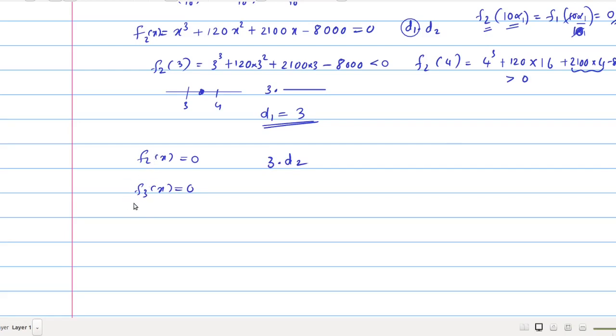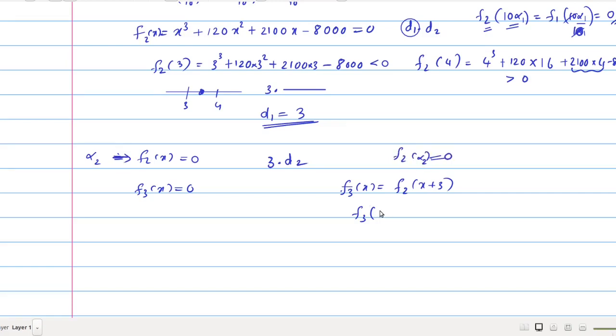Okay, so how will you find this one? How will you find the root of this f3? Define f3 of x equal to f2 of x plus 3. If you set f3 in this manner, suppose alpha 2 is the root of f2, that is f2 of alpha 2 equal to 0.